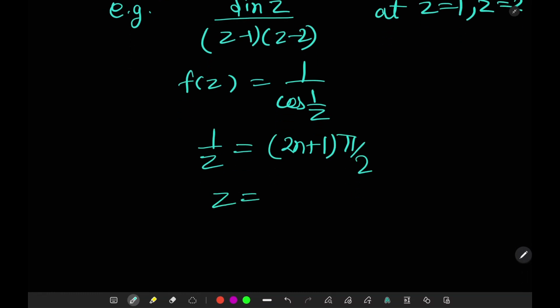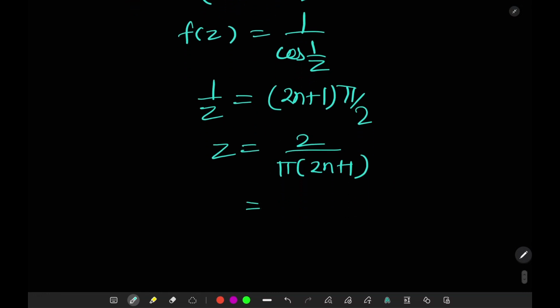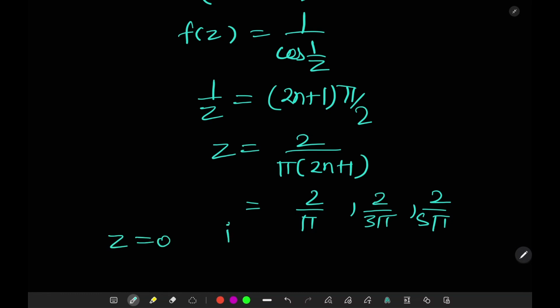Here, on solving this, z is equal to this value, and for different values of n we get these values. And for this case, z equals 0 is a non-isolated singularity.